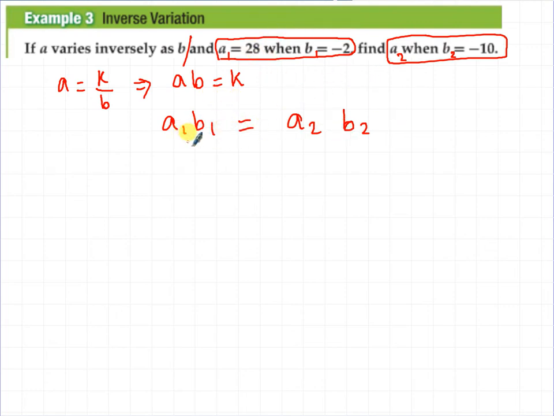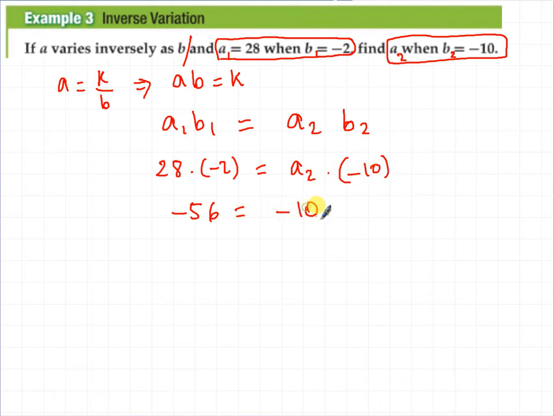a1 is 28, so 28 times b1, which is minus 2, equals a2, which is unknown so I just keep it a2, times b2, which is minus 10. So 28 times minus 2 would be negative 56, and a2 times minus 10 would be minus 10 a2. So to find a2, what do we do here?